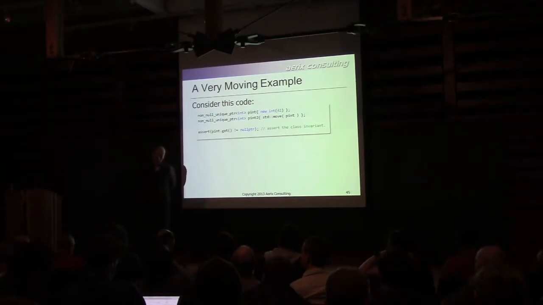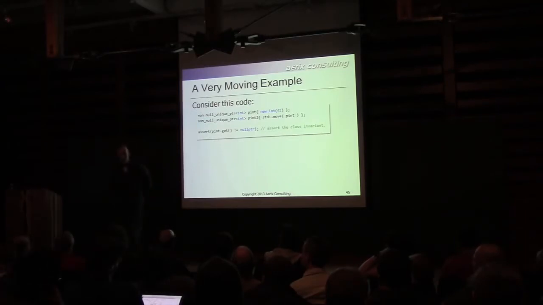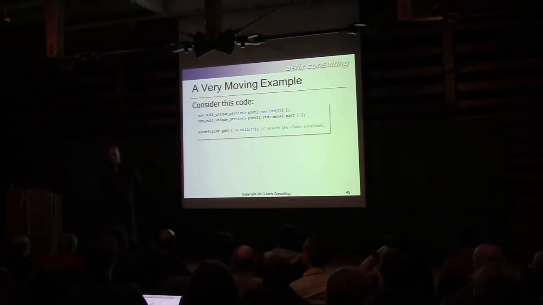There was a long discussion in the standardization committee about what the requirements are that need to be fulfilled for a moved-from object. Does it have to be valid, or do you just have to say it's destructible, right? And for a while, people thought the type just has to be destructible, okay? That's not where they landed, right?